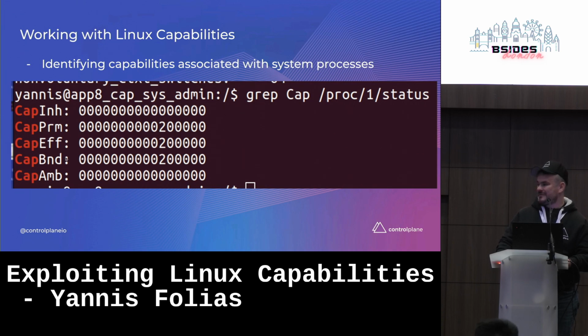There are different categories of capabilities described here. The first one is inherited, which is capabilities that the process inherits from something else. And permitted, effective. I'm just going to have to be a bit quicker.